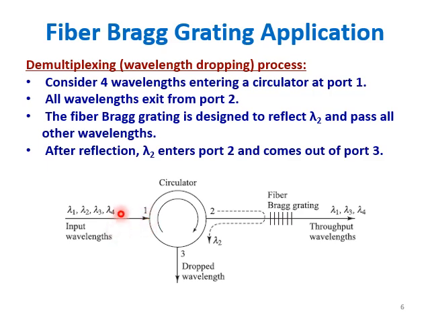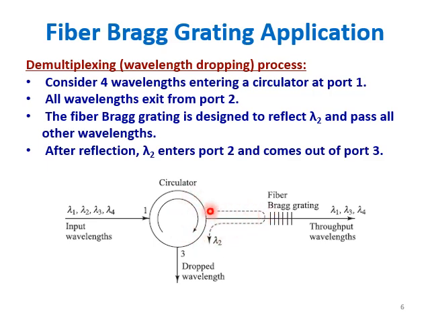Let us consider an input signal consisting of a combination of 4 wavelengths, lambda 1 to lambda 4, which enters the circulator from port 1 and will travel to port 2. Port 2 is connected to a fiber Bragg grating.